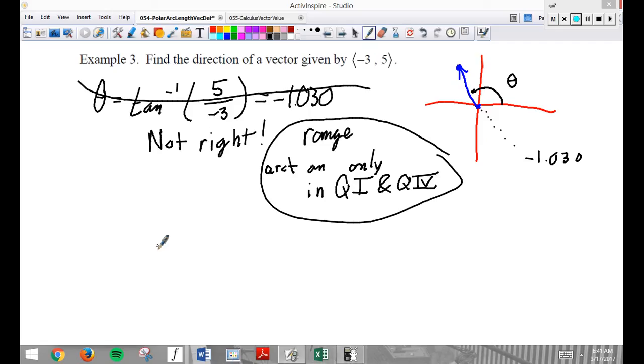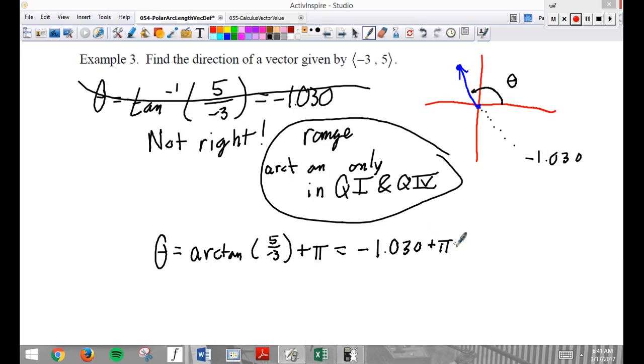So theta will equal arctan of 5 over negative 3, plus pi. So the answer I would have accepted is negative 1.030 plus pi, which, if you typed it in your calculator, would get 2.111.